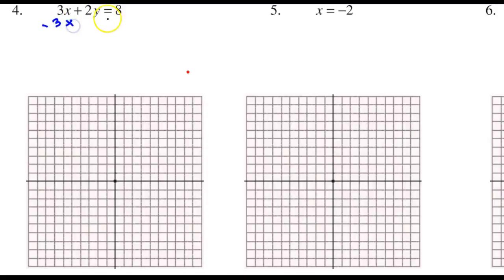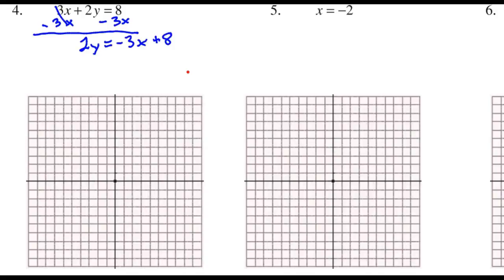So just like we have been, subtract the 3x on both sides. Okay, simplify it. So we'll have 2y equals -3x plus 8.